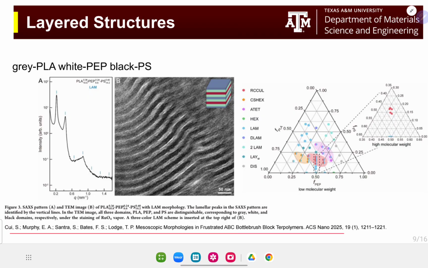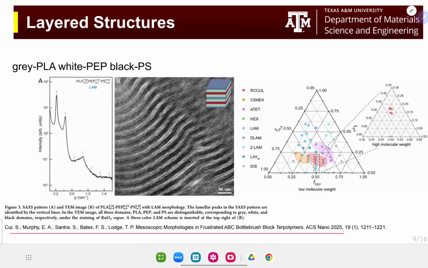The bulk morphologies were primarily characterized by small angle X-ray scattering, with additional analysis by transmission electron microscopy. Oh, and by the way, polymer samples were freeze-dried and annealed at 150 Celsius, well above the glass transition temperature of all blocks, under vacuum for 24 hours.